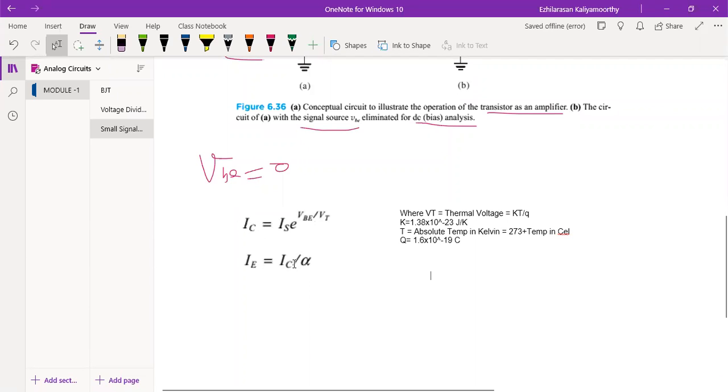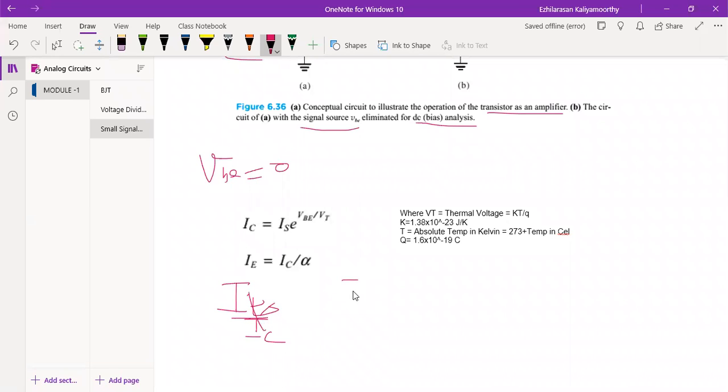So now the second relation is IE, that is the emitter current. The emitter current is equal to IC by alpha, as we might have studied in the basics.